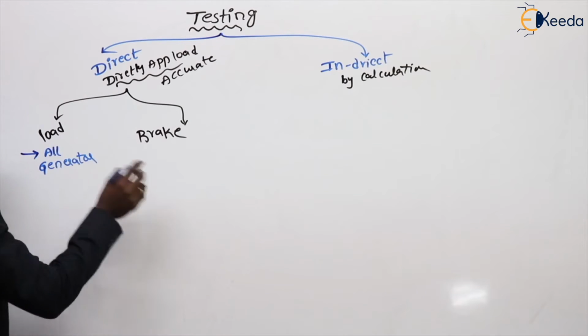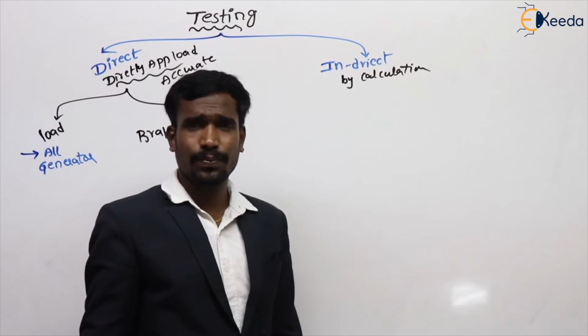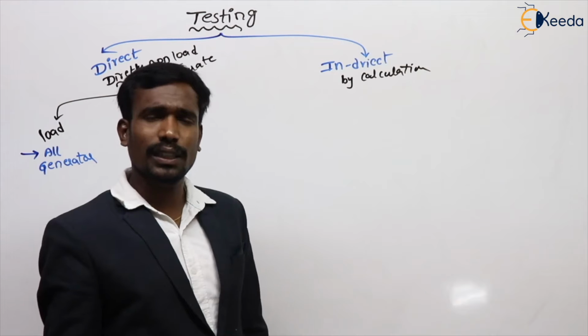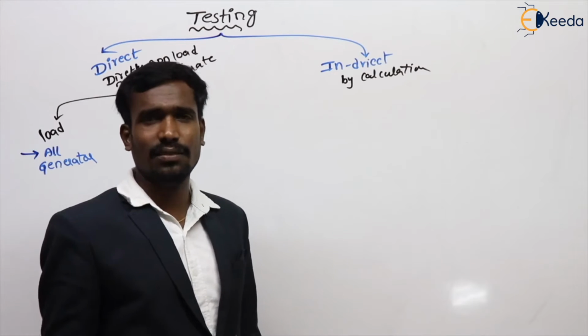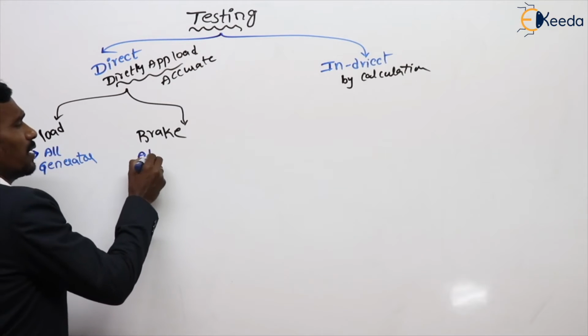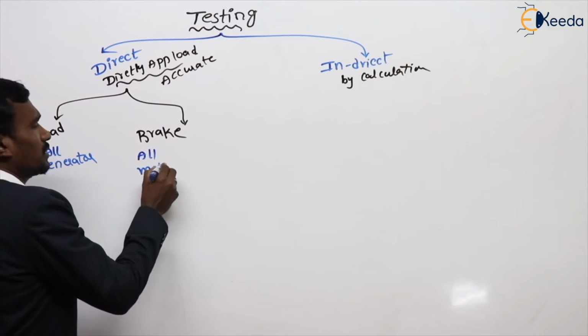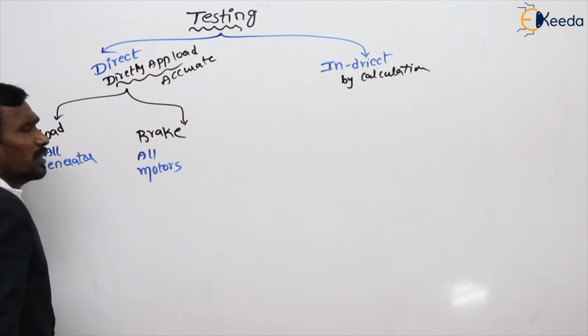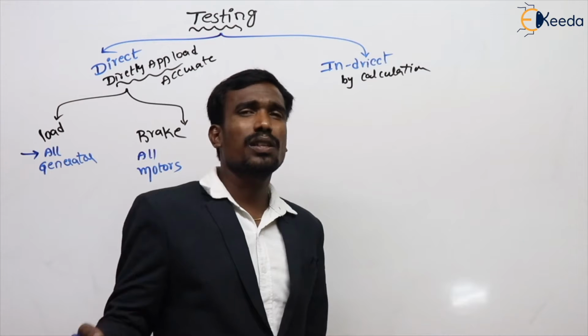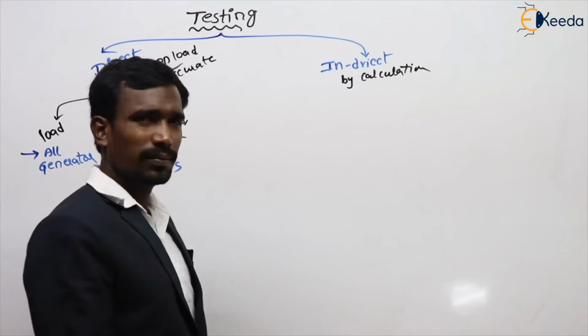By applying the load, we analyze the efficiency, losses, etc. And the brake test we apply for all motors. For every motor we can apply this brake test: shunt, compound, series, any motor.